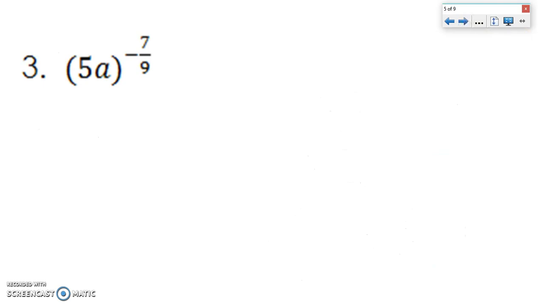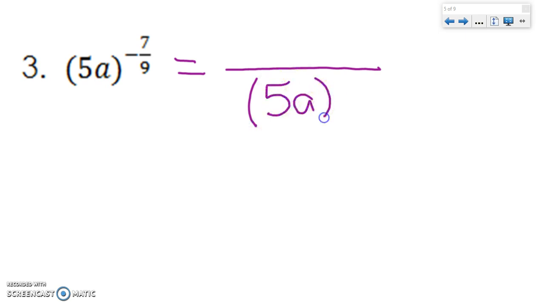Last example from this section, I don't like dealing with a negative exponent, so I am going to switch that. And we know from class yesterday that in order for me to make an exponent switch from negative to positive, it needs to live on the other side of the fraction. So I've switched everything to the denominator. Now I'm going to take the 9 and make that the index.